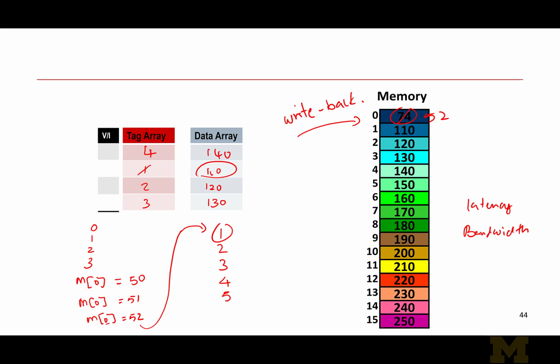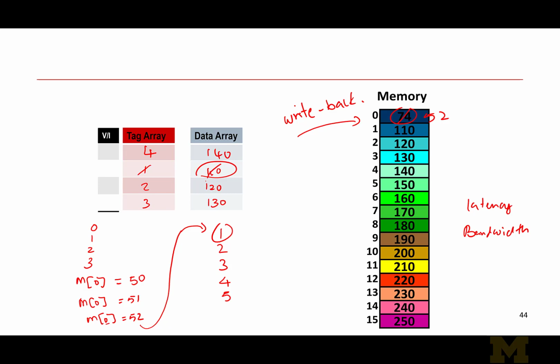And if I have not modified it, the value will be same as what it is in memory, so I can just throw this data out and nothing would change. But the question is, how do I know whether a cache block was modified while it was sitting in the cache? Well, I don't know that, right?